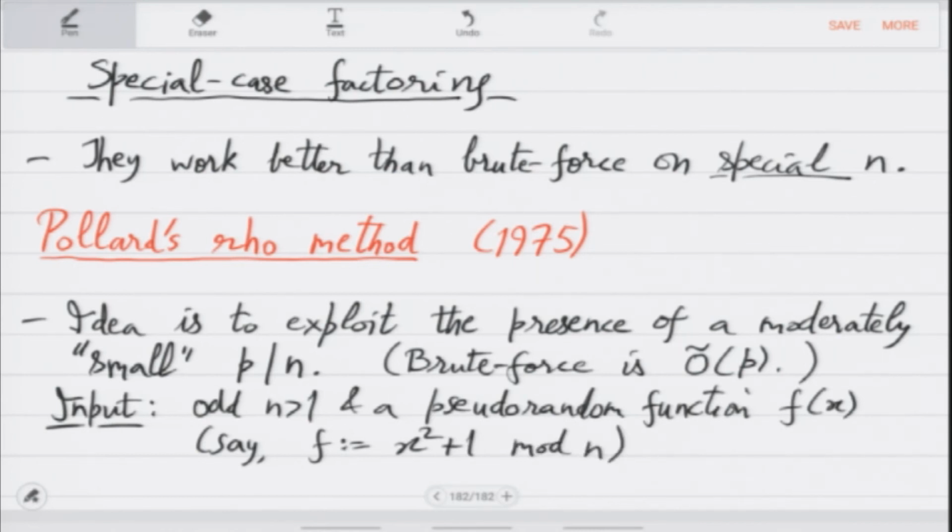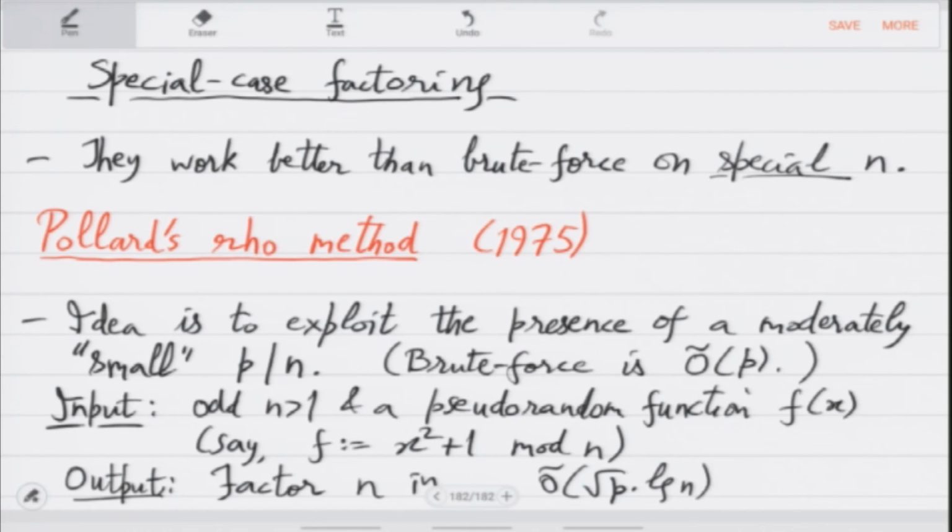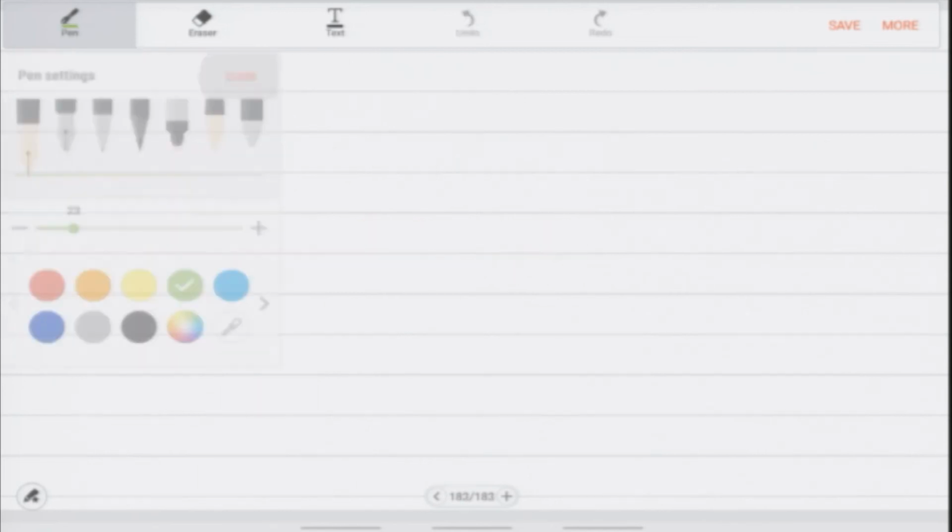Just introduce some non-linearity, and usually these non-linear functions behave in a pseudo-random way. So factor n in O tilde square root p times log n time. That's the goal, factoring in square root p time. Let's write down the algorithm.